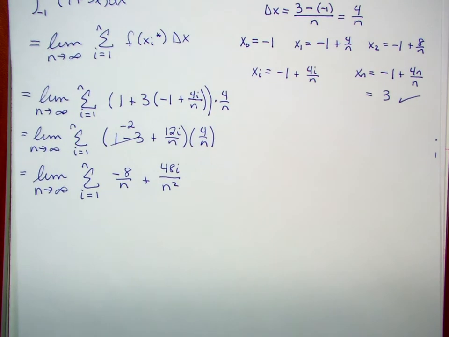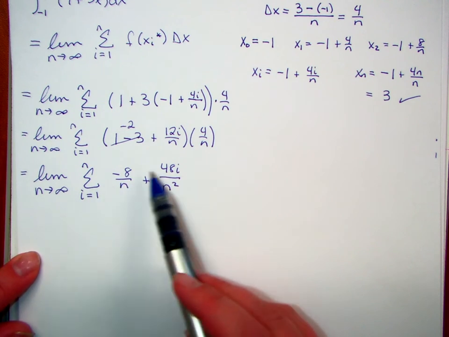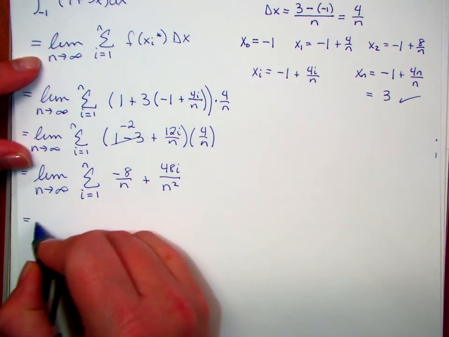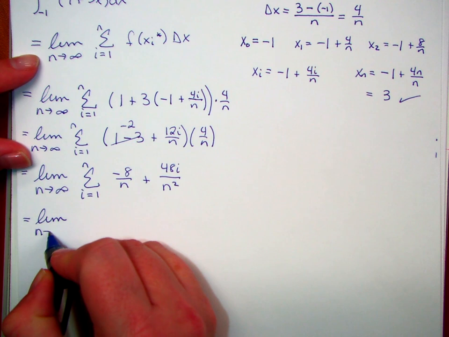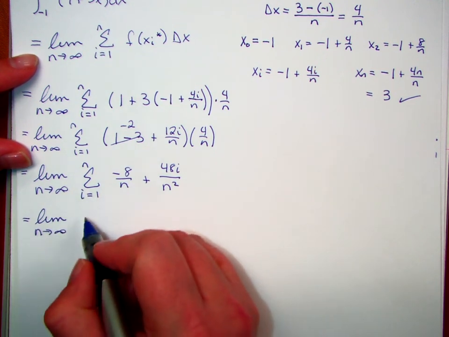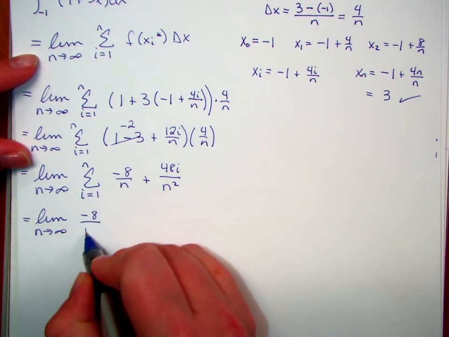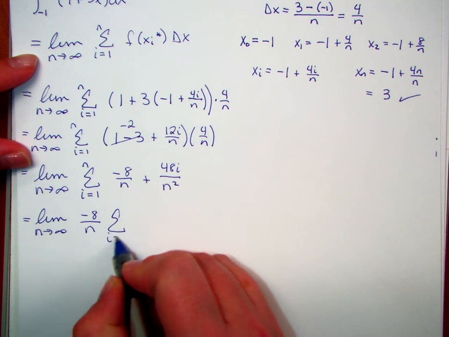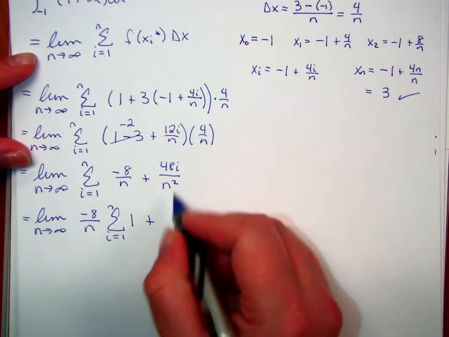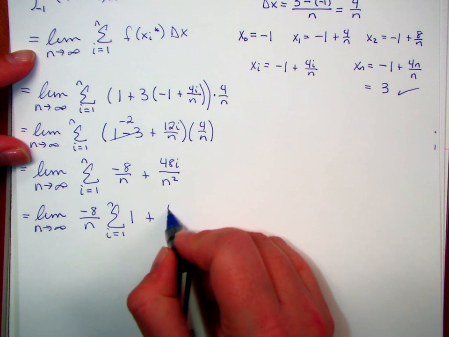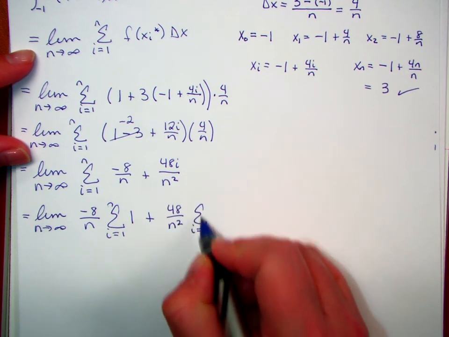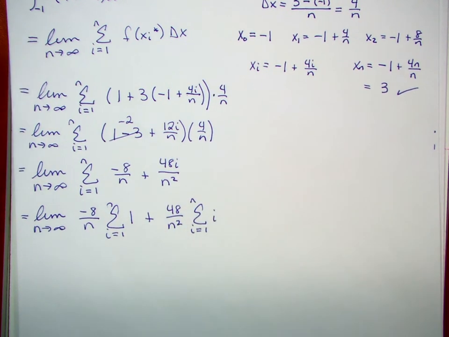Okay, so now let's sum each term, factoring out the coefficient, leaving the I's. So in this first term, negative 8 over n is a constant, if you will. And then we're going to sum a single 1. Plus, in the next term, 48 over n squared is the constant. And we're going to sum I. Right?